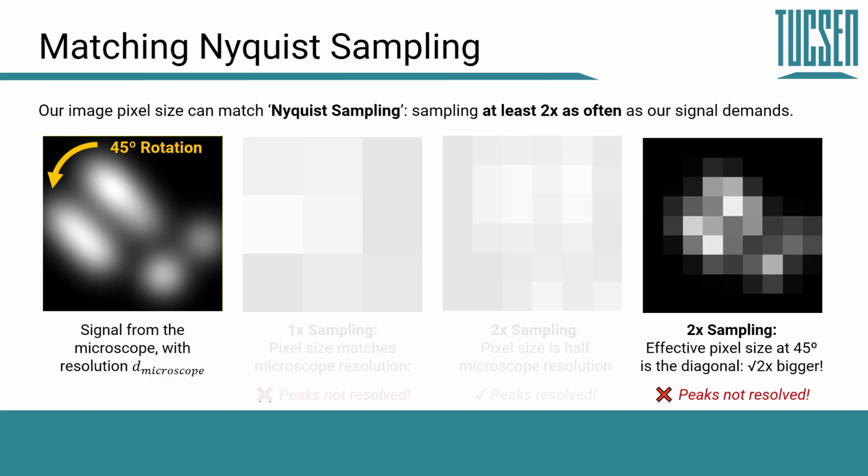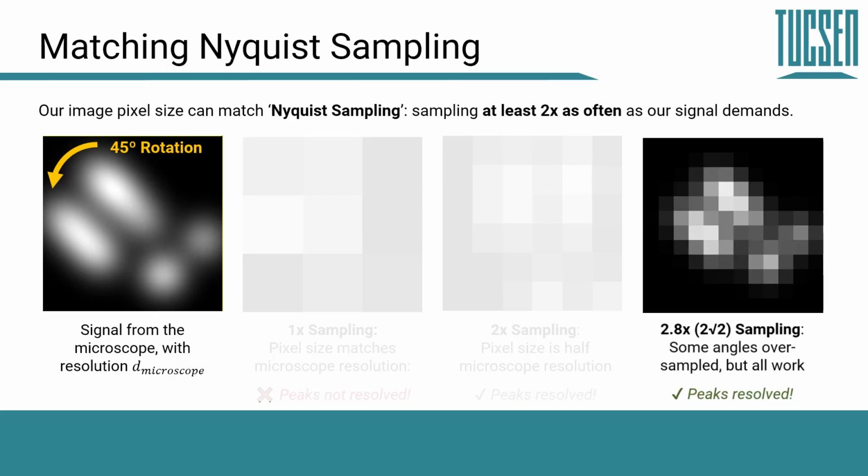If we increase the sampling rate to now 2.8 times sampling, so that's 2 times the square root of 2, we are now properly resolving what's going on even at 45 degrees of rotation, even as far as we can get from the most ideal conditions of things lining up perfectly with our pixel grid.